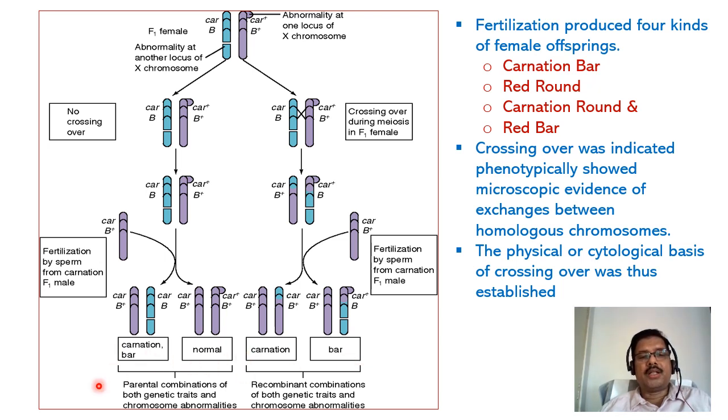These two are the parental combinations of both the genetic traits and chromosome abnormalities, whereas these two are the recombinant combinations. So crossing over was indicated phenotypically and showed microscopic evidence of exchange between the homologous chromosomes. This proves the cytological basis of crossing over, and it was established in this experiment.